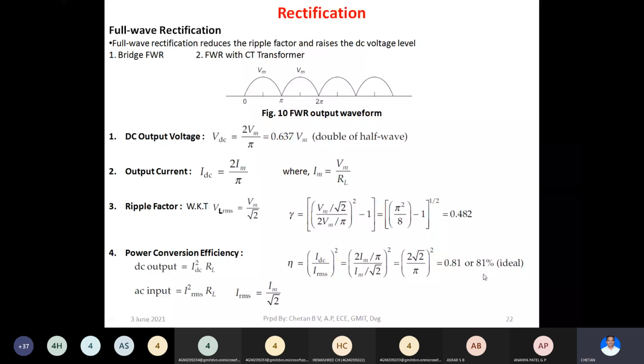In the bracket, we have written ideal, which means that we have assumed the diodes are ideal diodes, meaning they behave like perfect switches. Whenever they are forward biased, they act like a closed circuit, and whenever they are reverse biased, they act like a perfect open circuit.